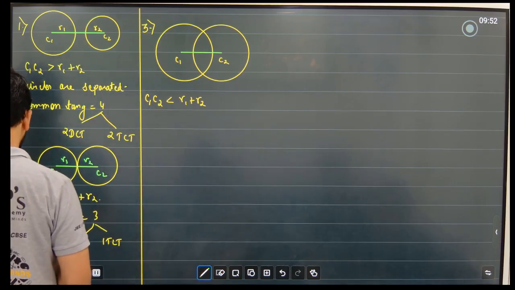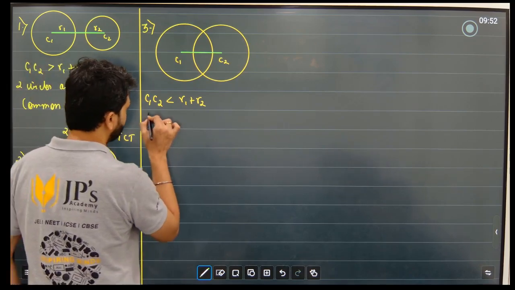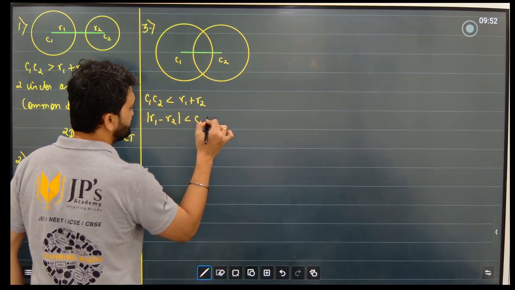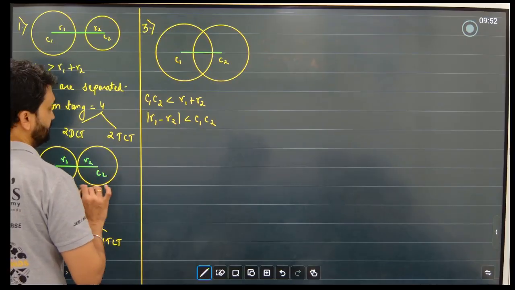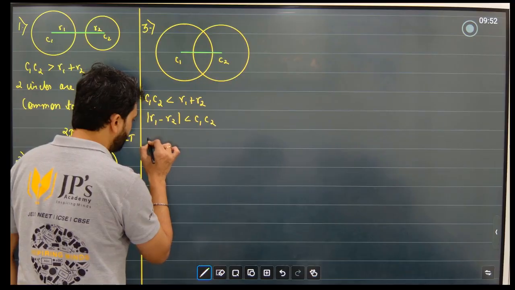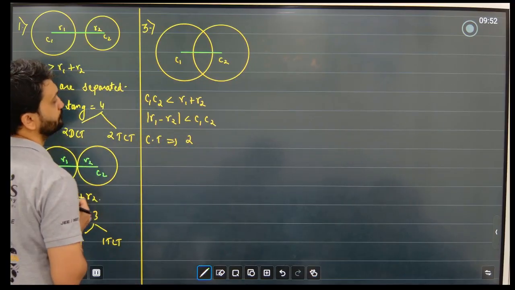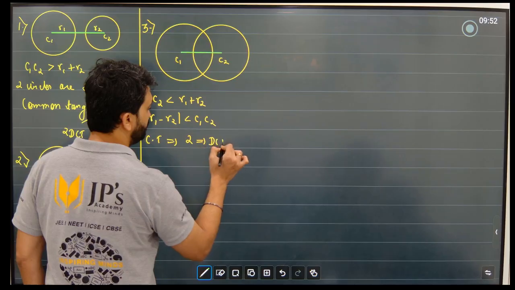Distance between the centers is less than the sum of the radii. Also just write it, R1 minus R2 is less than the distance C1 C2. Basically I will have 2 common tangents and both will be direct common tangents.